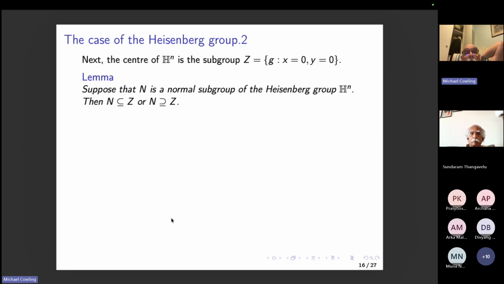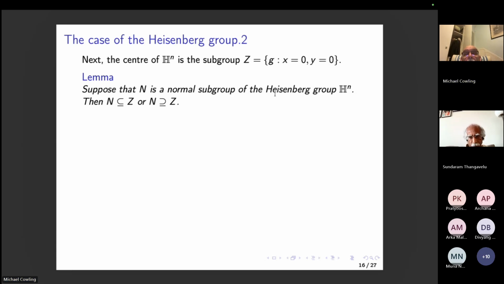The other ingredient is the following lemma. Let me just say that the center of the Hn is a subgroup, and I'll just call it Z for center. It's the set of all elements G where the X component and the Y component are both equal to 0. So there's only one non-zero entry in it.